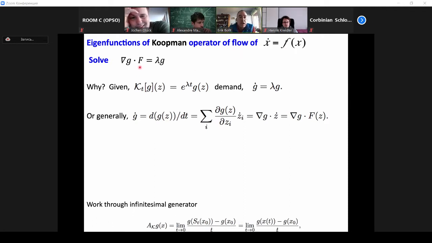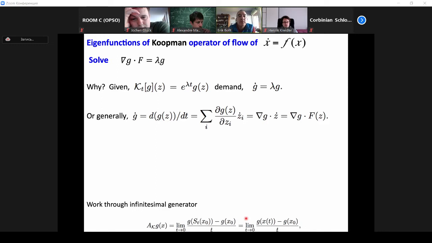Grad g dot f equals lambda g ends up being the infinitesimal generator of the Koopman eigenfunctions. So you could think of deriving that by chain rule. So how does g change in time? And you get grad g dot z dot, and z dot is f. Or more formally, you derive it by infinitesimal generator, and that's been derived in many places.